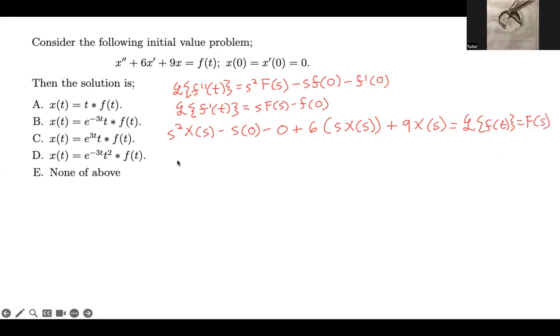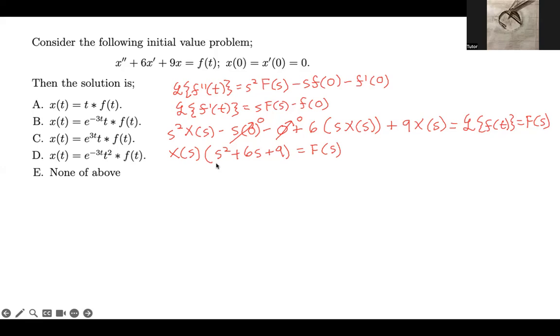We can rewrite this long equation by factoring out X of s. So factoring out X of s, we have s squared, and these two are zeros, so we can cancel those out, plus 6s plus 9, and this is equal to F of s.